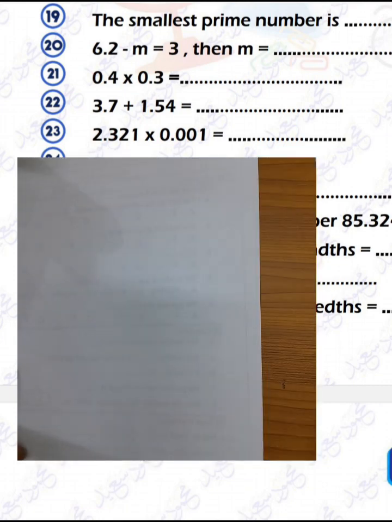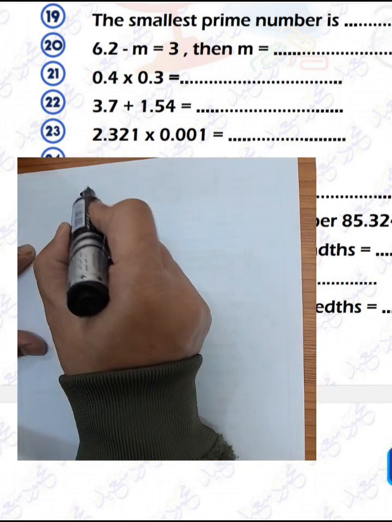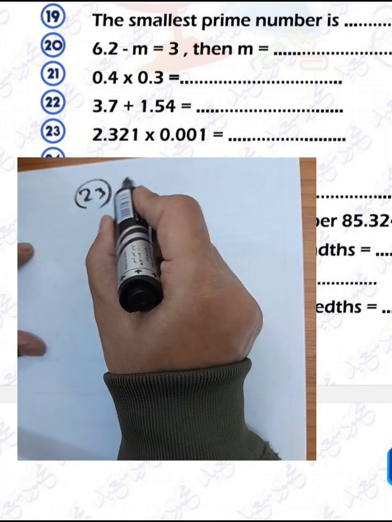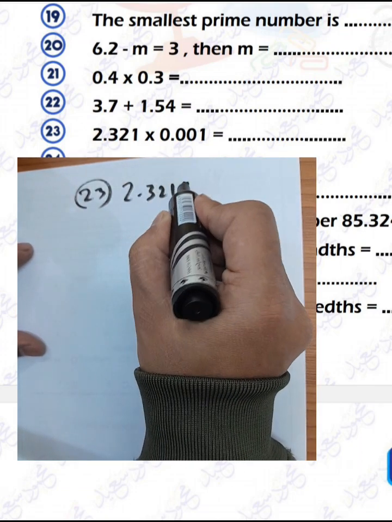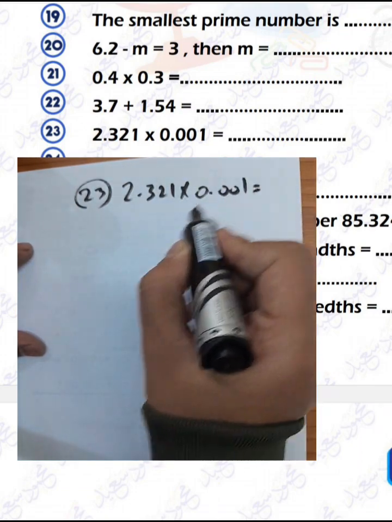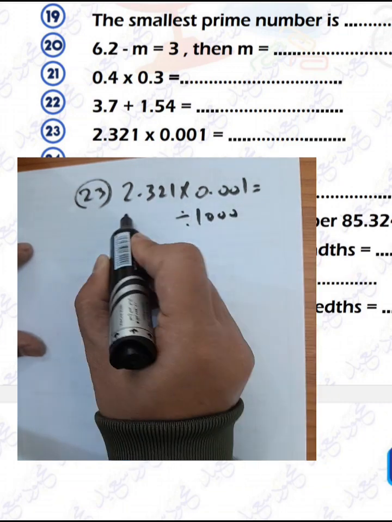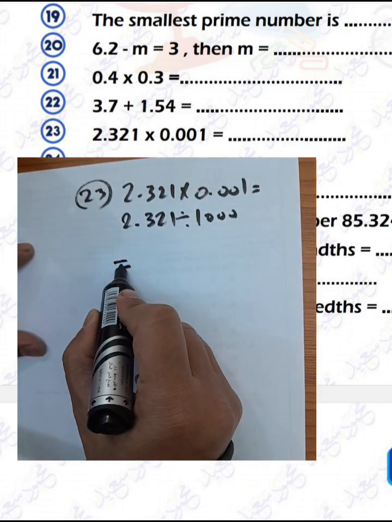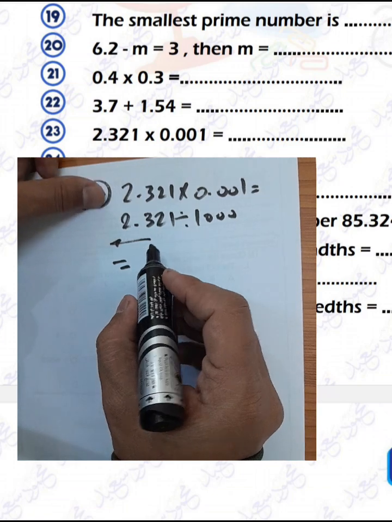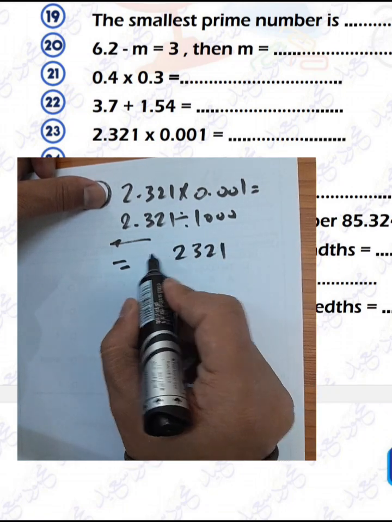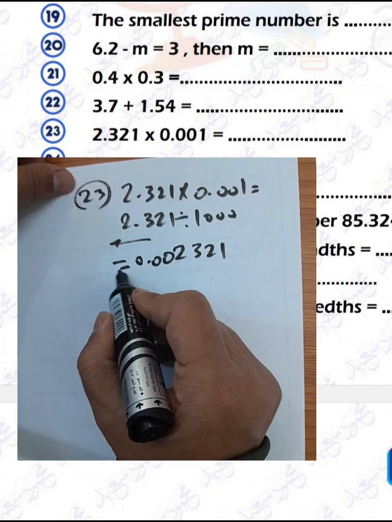Next question. 23. 2.321 times 100th, its meaning divided by 1000. It's equivalent to this. You must move the point left by 3 places. Write 2, 3, 2, 1 and write double 0 and point 0.